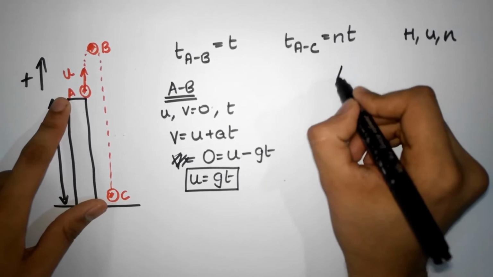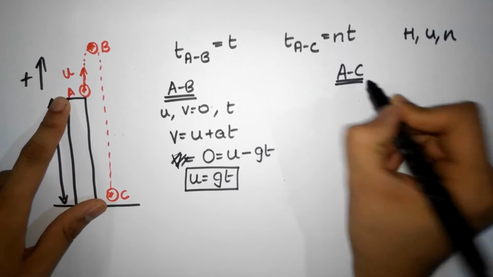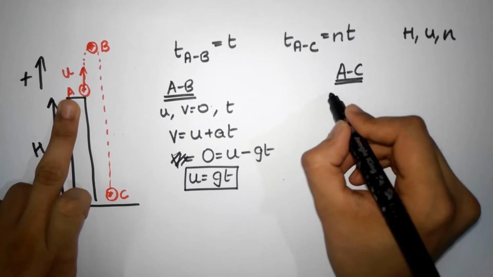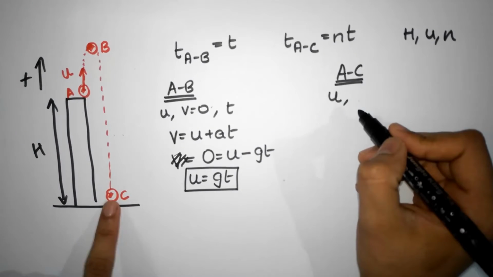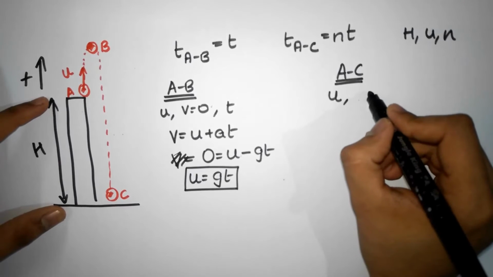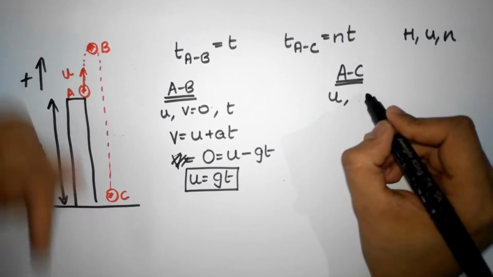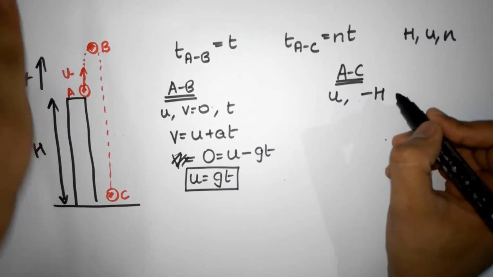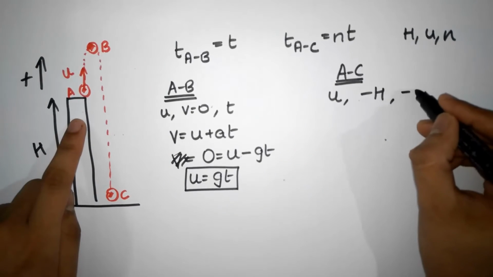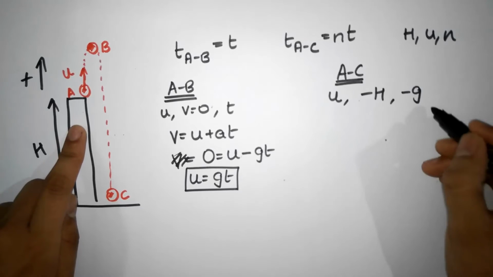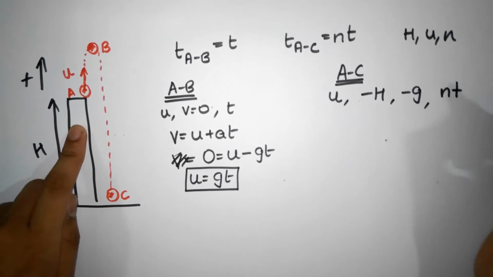Now let's do the physics from A to C. Again, initial velocity is u, final velocity I don't know, I don't care, but there's a displacement, and the displacement is minus h because I've taken upwards positive. And then we have acceleration, which is again minus g, and the time taken is n times t.